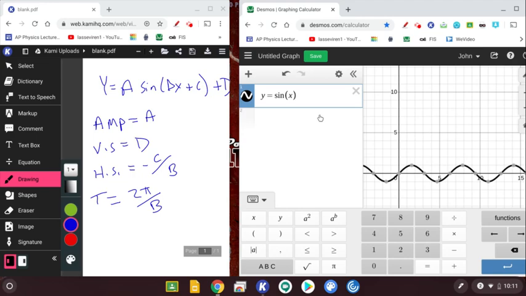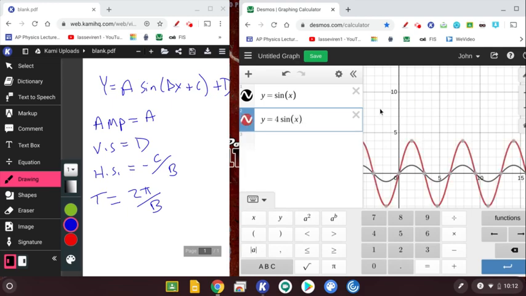Now, let's just take a look at what happens when we change the amplitude. So y equals 4 sine of x. What we can see here is that this has oscillated, or amplified, up to 4 at the crest and down to negative 4 at the trough.